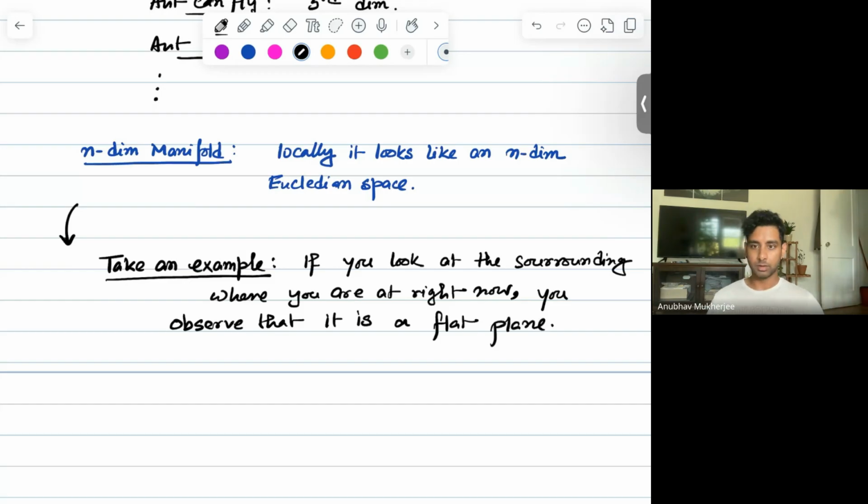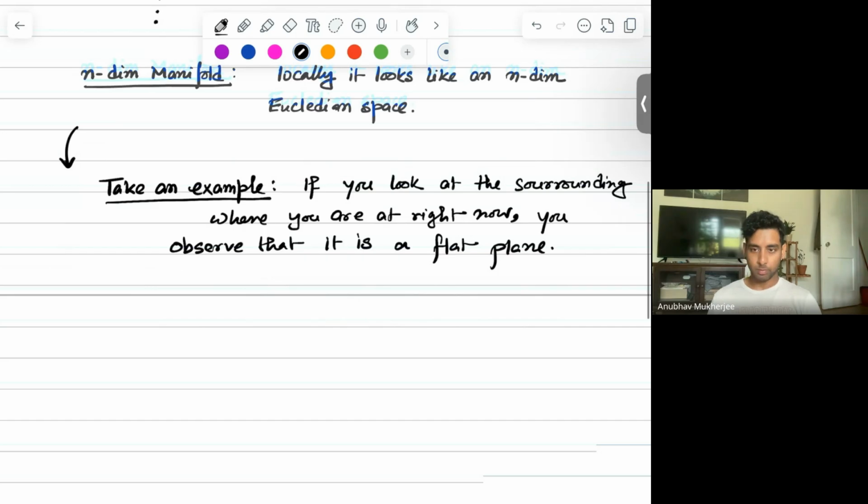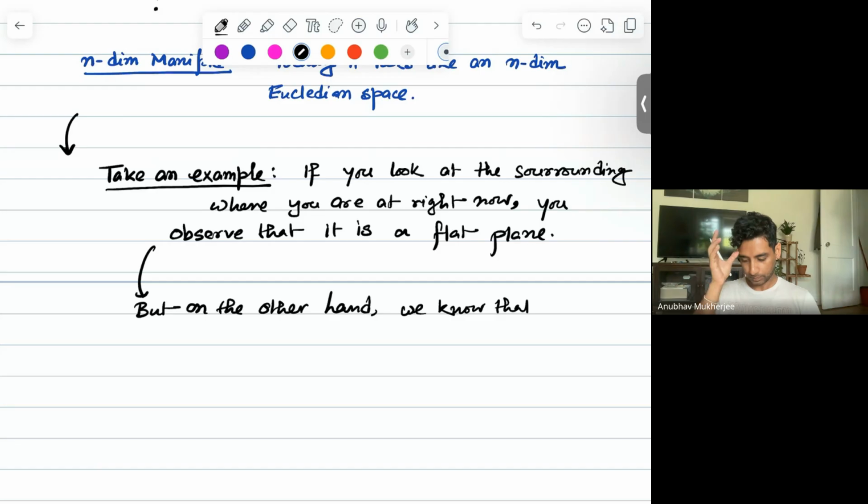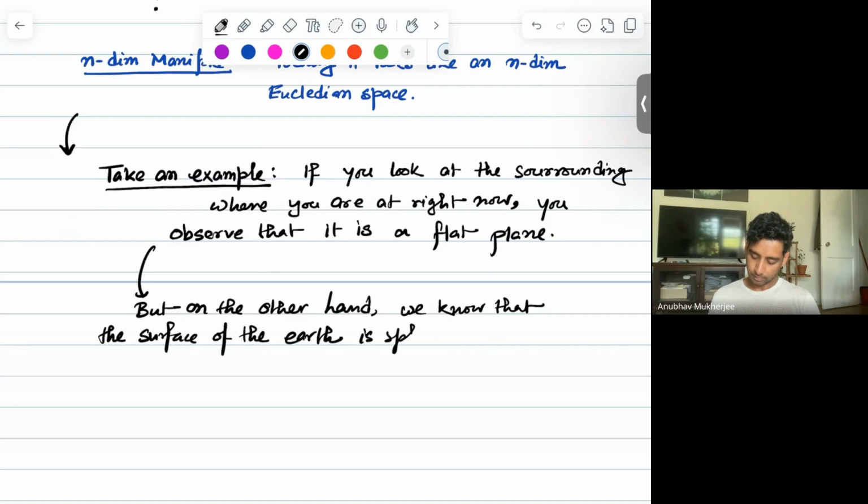Like if you just look at your leg, you see that you are standing on a flat surface. But on the other hand, we know that we are all standing on the earth, and the surface of the earth is a sphere.